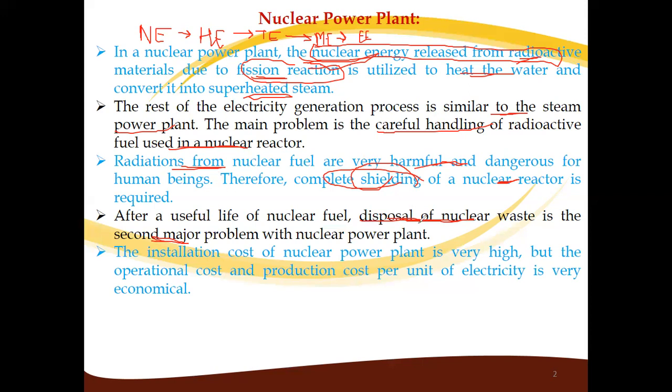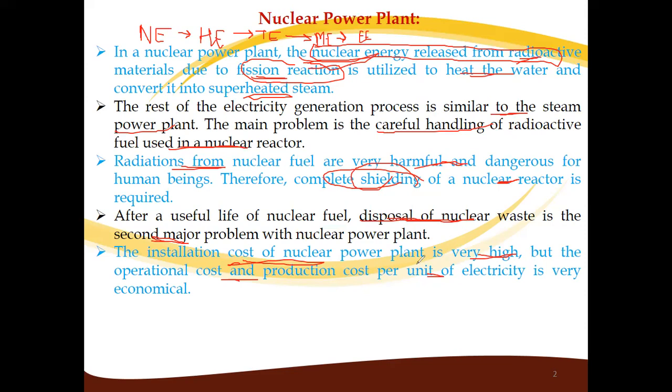Similarly, the disposal of nuclear waste material is also a major problem. The installation cost of a nuclear power plant is very high, but the operational and production cost per unit of electricity is very low, or very economical.